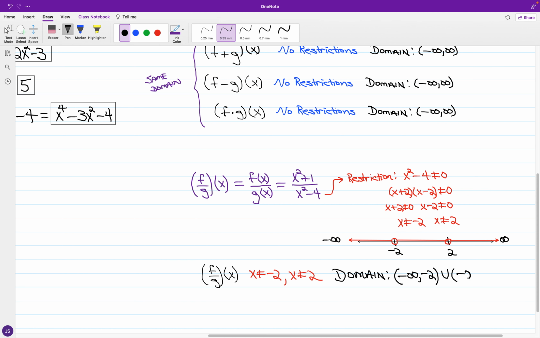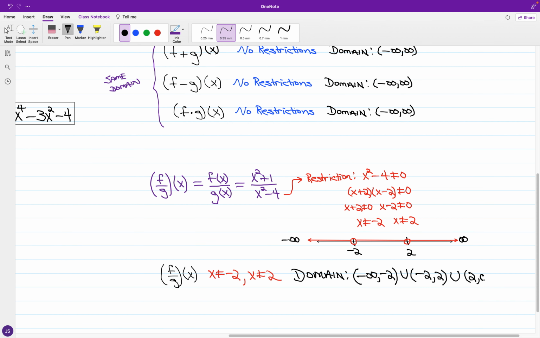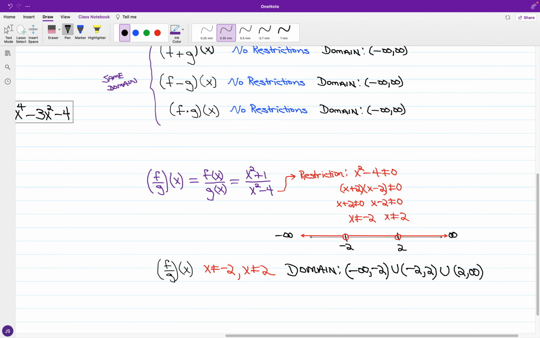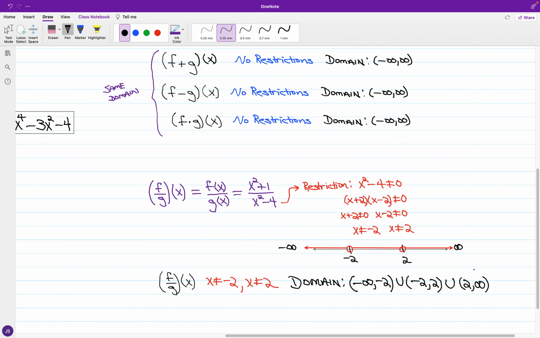And for the rest of the makeup of the domain of the quotient function, we have those values of x greater than 2, and that portion will be symbolized by parentheses around 2 and infinity. And not always, but in a lot of cases, among the sum, difference, product, and quotient functions, the quotient function can have a domain that is different from the other operations, and that one happens to be such a case.